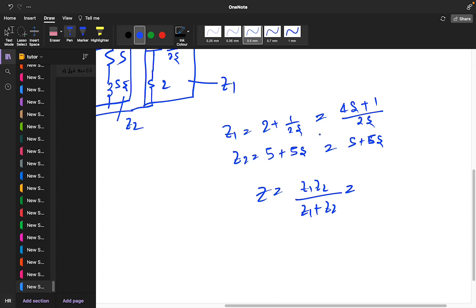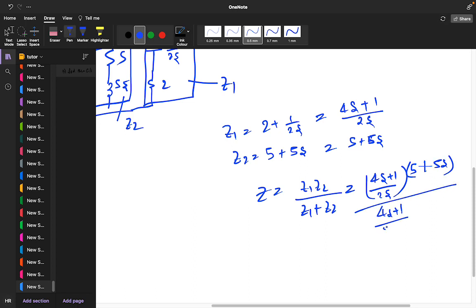So Z1 Z2 divided by Z1 plus Z2, what do you get? 4s plus 1 divided by 2s into 5 plus 5s, divided by 5 plus 5s. Okay, do the calculation with me. This will be 4s plus 1 over 2s plus 5 plus 5s.